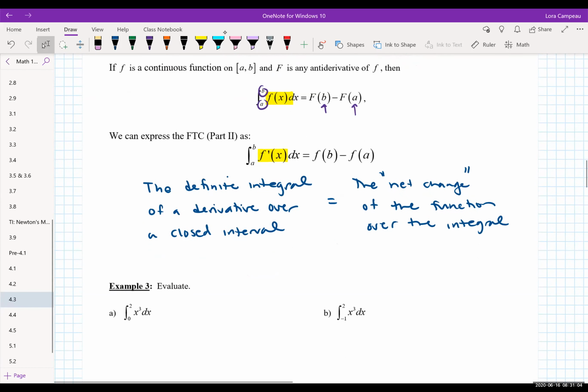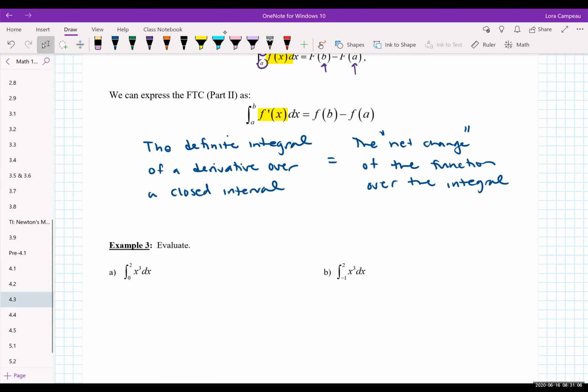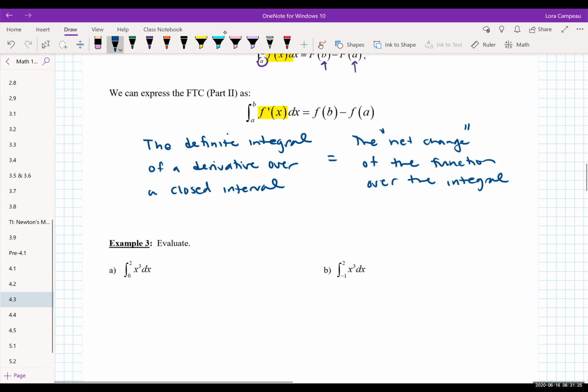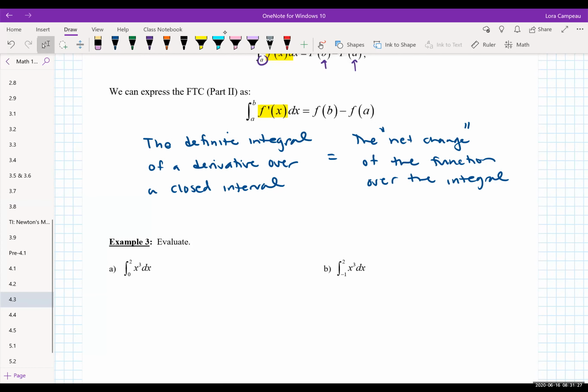As you were playing around with x cubed last section, we now have a faster way to get through these. So if I'm going to evaluate, and notice it didn't really tell me what technique to use, yeah, you could use the limit definition if that was something you were really keen on. But now that we have the fundamental theorem of calculus part 2, just keep in mind that we're looking at the antiderivative.